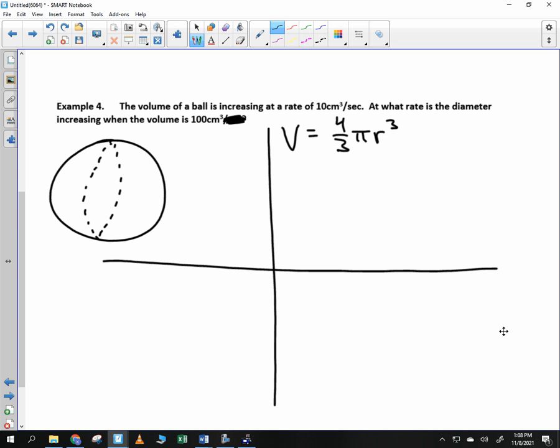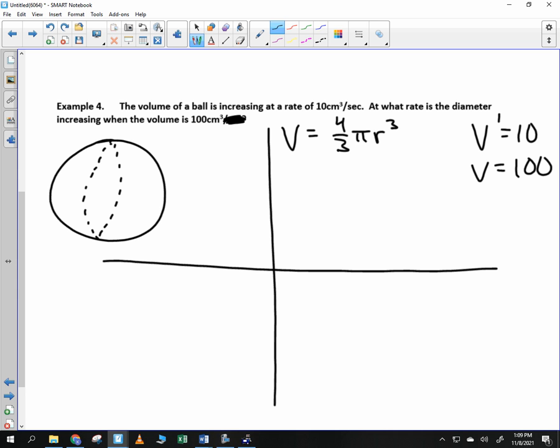Excellent. Volume is equal to 4/3 pi r cubed. Let's write down a few things that we know in this problem. What do you know? V prime is 10. What else do I know? I know the volume is 100.